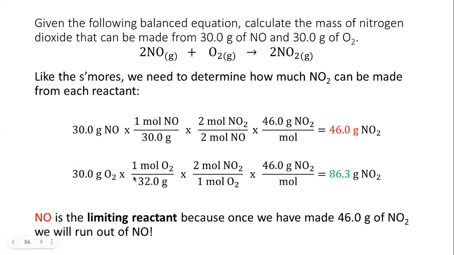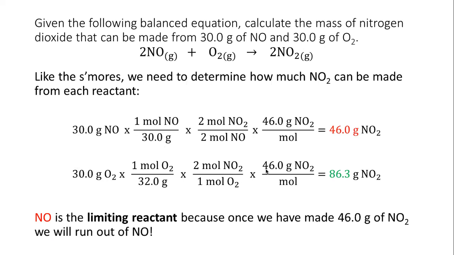Now, let's look at oxygen. If we start with 30 grams of oxygen, we can use our molar mass to know that 1 mole of oxygen is 32 grams. The grams are going to cancel out. Then we'll use our mole to mole ratio to relate the product to the reactant. So again, we have 2 moles of nitrogen dioxide to 1 mole of oxygen.